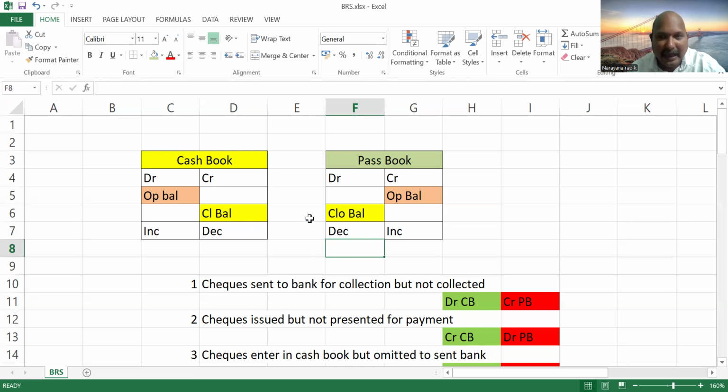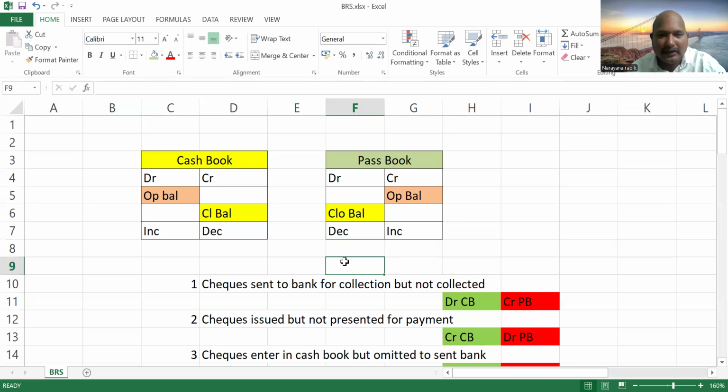Once again, cash book balance means the bank balance as per cash book only. Generally, in the BRS we use the bank balance as per cash book. Passbook balance means the bank balance shown in the bank's records. Both consider the bank column and bank transactions only.